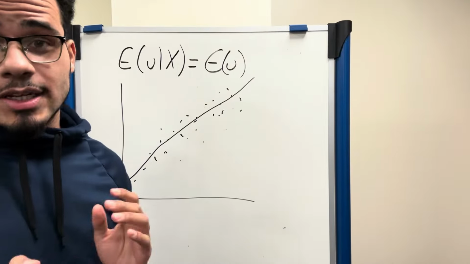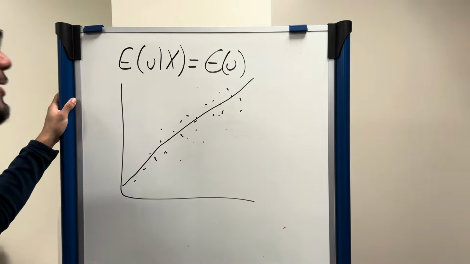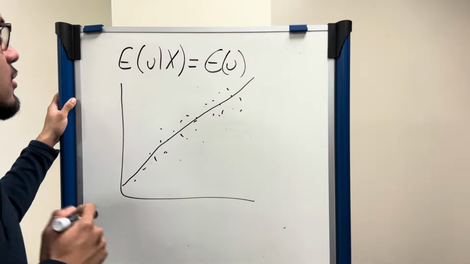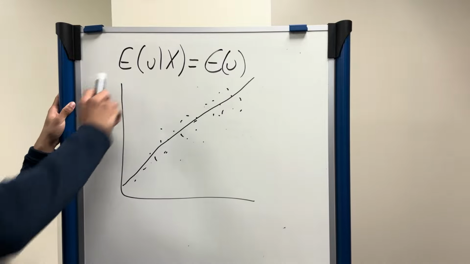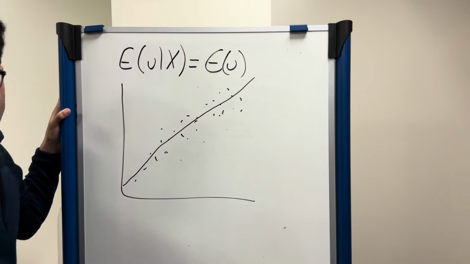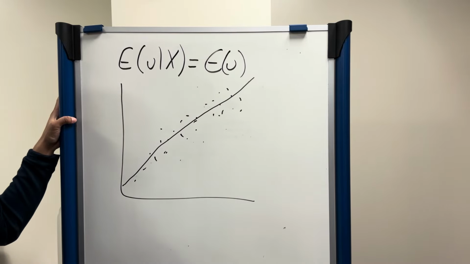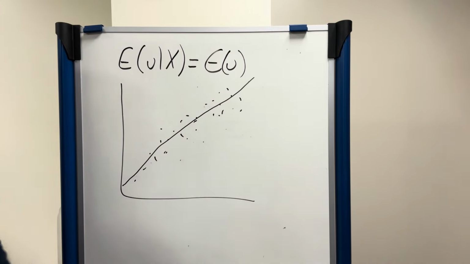The second assumption has to do with conditional probability. We are assuming that the expected value of the unobservables, given that x, a random variable, is known, equals just the expected value of the unobservables.